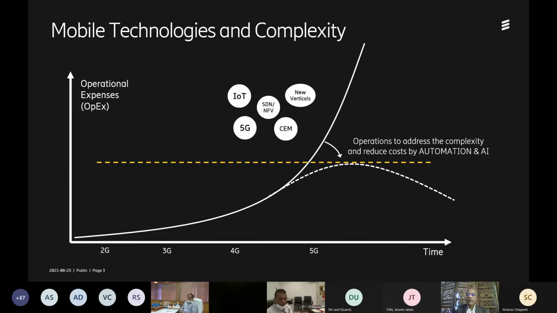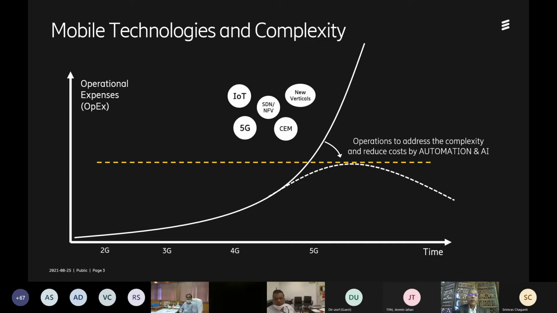So first, let us look at the motivating factors. On the x-axis here, you are able to see the march of technology, mobile technologies: 2G, 3G, 4G, 5G, and in future we will also have 6G. And on the y-axis, you see the operational complexity being represented. Operational complexity normally gets converted to operational expenses as well.